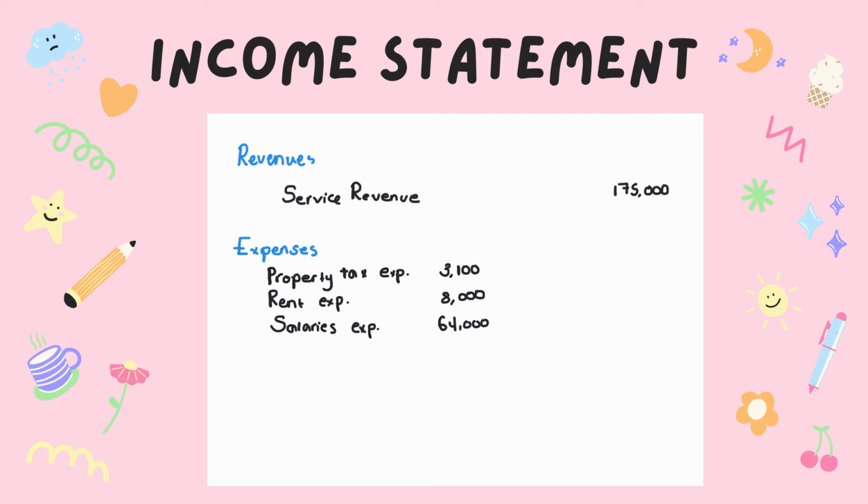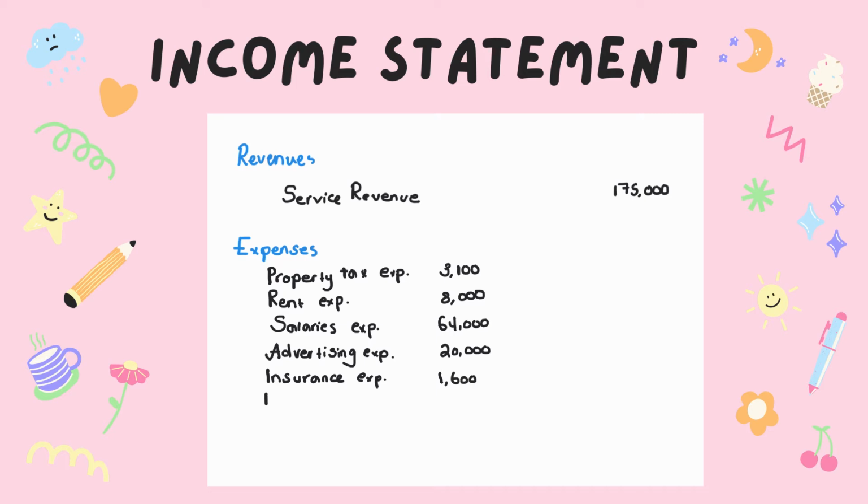Let's go to the second column. We have advertising. And the amount is 20,000. Then we have insurance expense, $1,600.